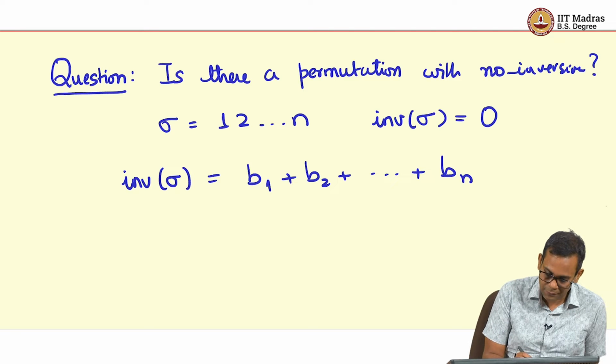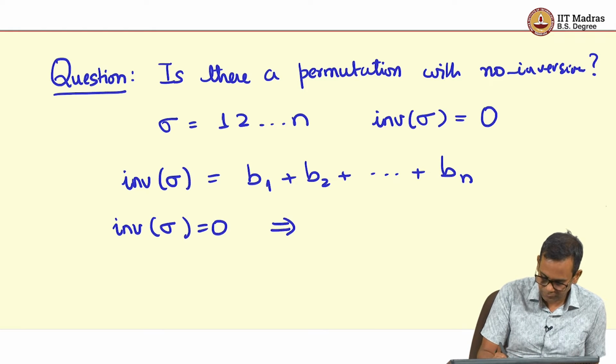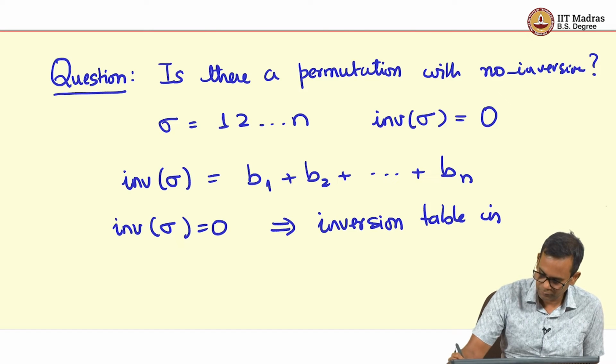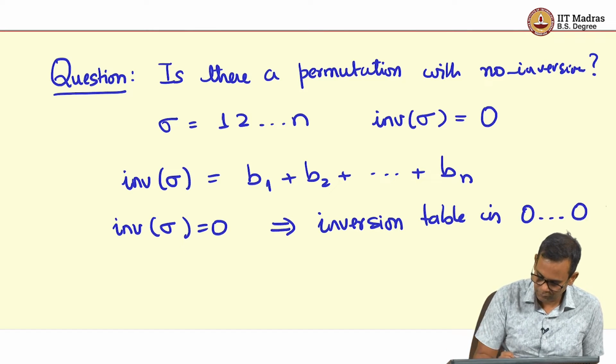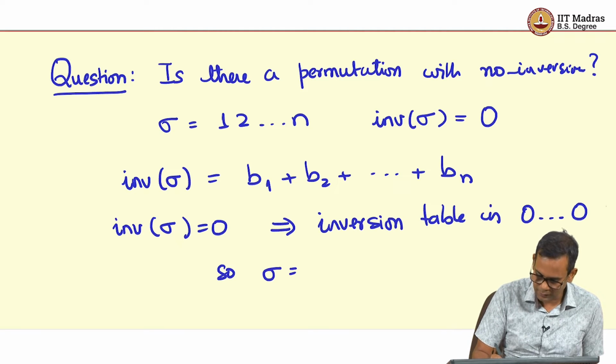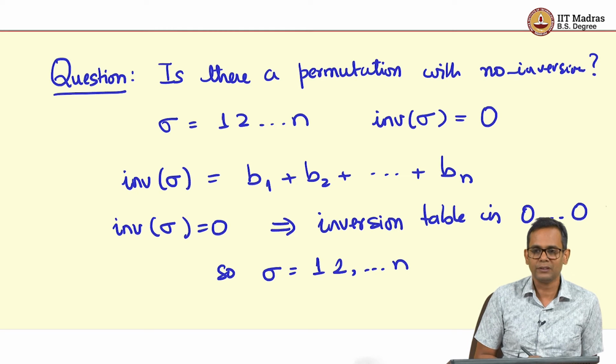So, if sigma has no inversions, then its inversion table should be all zeros. When you run that algorithm, you will construct sigma equals 1, 2, ..., n. So, this is the only permutation with no inversions.